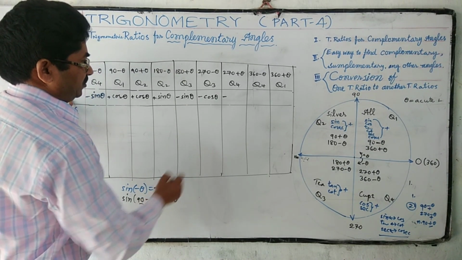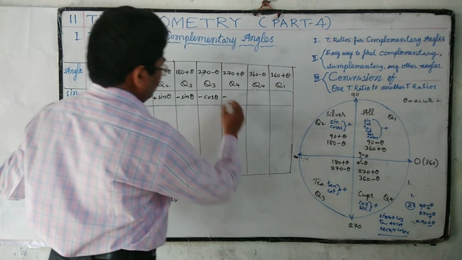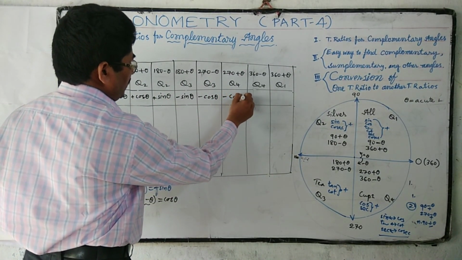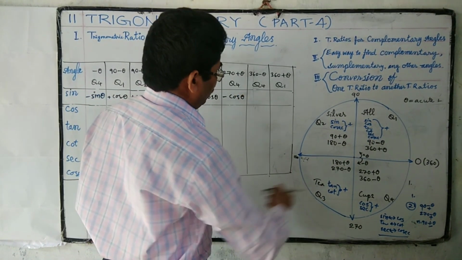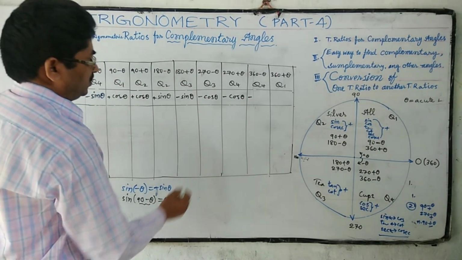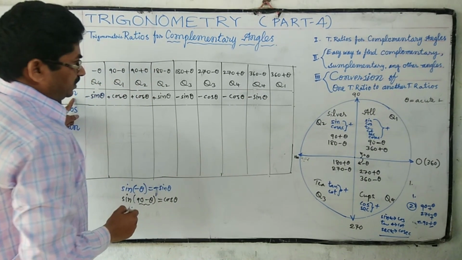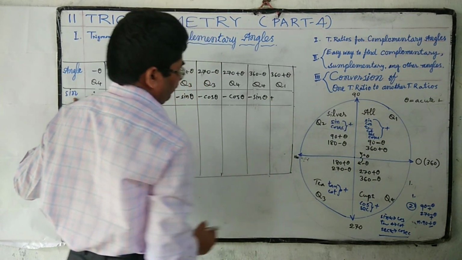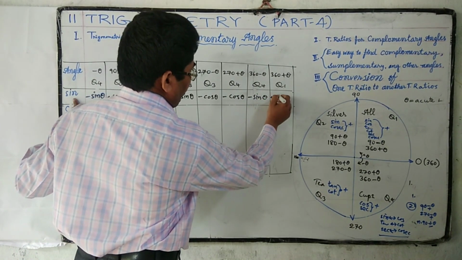All silver take cups. In this also sign negative. So minus, we have to change the function: cos. 360 minus theta, also fourth quadrant. So that's why minus sin theta. Next, sin 360 plus theta, first quadrant, all positive, so plus. We have no need to change the function, sin only.